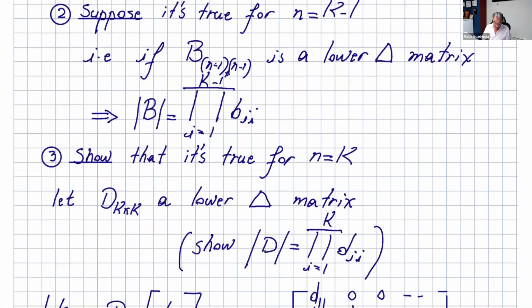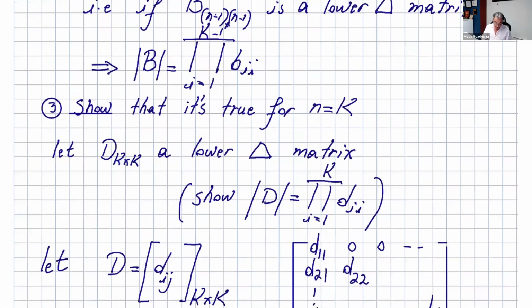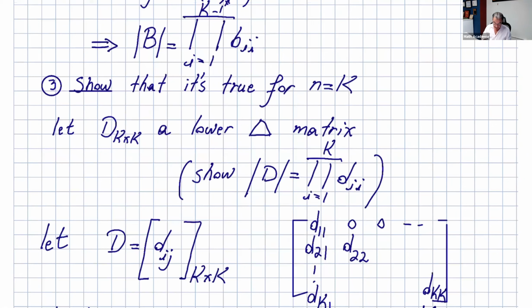Now, step number 3, we want to show that it's true for n equals k by this supposition. So this is the induction supposition. Let's see how it works. Let D be a k by k matrix, lower triangular, of course, always.